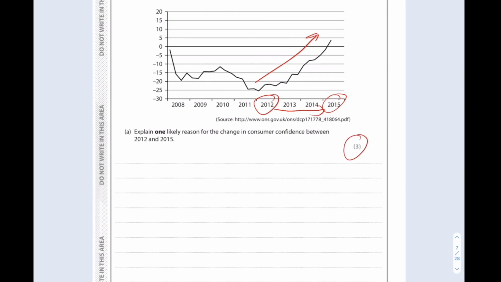As it's 3 marks, I need to make sure that I'm referencing the data. If I don't reference the data, then I'm not going to get all 3 marks. And I also need a bit of analysis. So I'm going to go for one likely reason there's been this improvement in the consumer confidence.